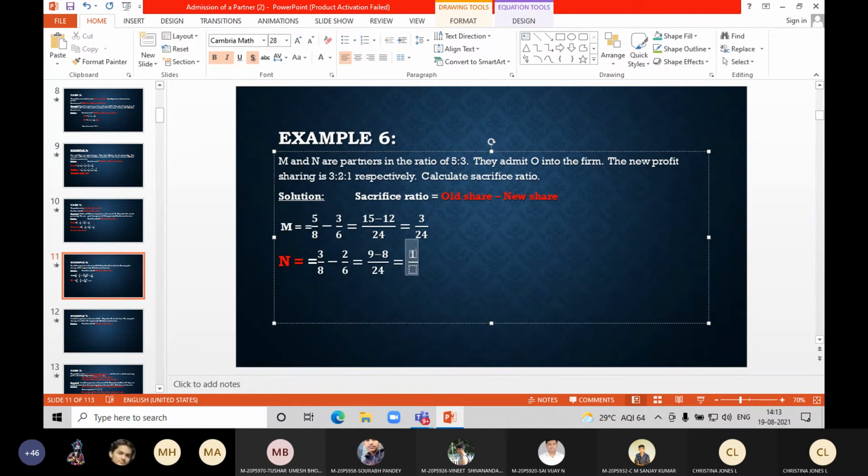So that will be 1 by 24. So sacrifice ratio will be 3:1. Sorry, 3:1 is the sacrifice ratio.